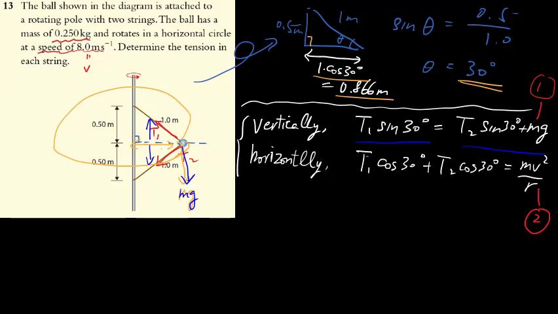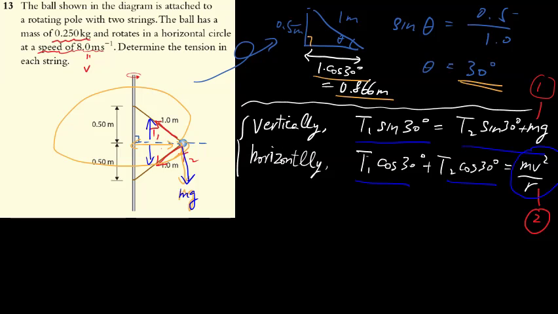Horizontally, the horizontal components from the tangents t1 and t2, which is the cosine here, will be used altogether for the centripetal acceleration, and that's the equation you generate.